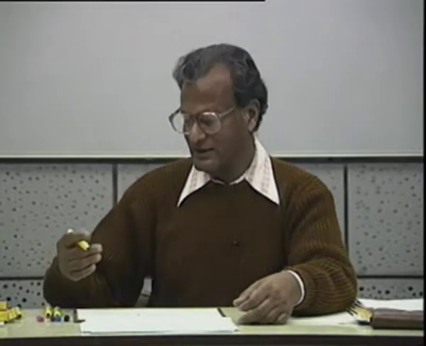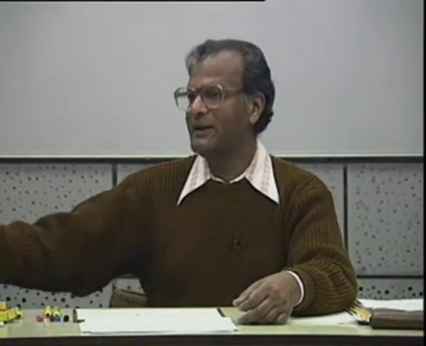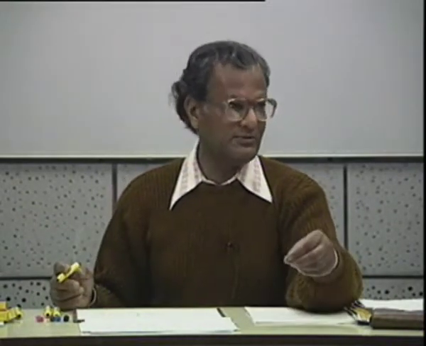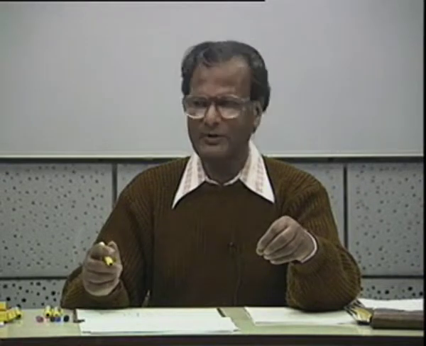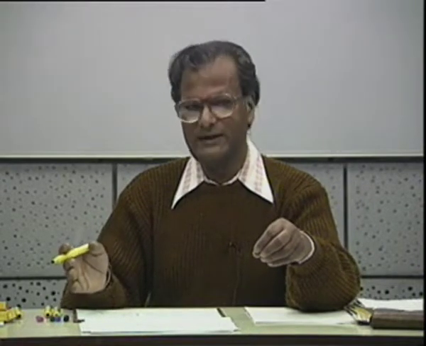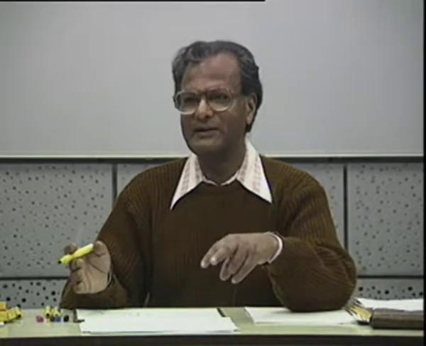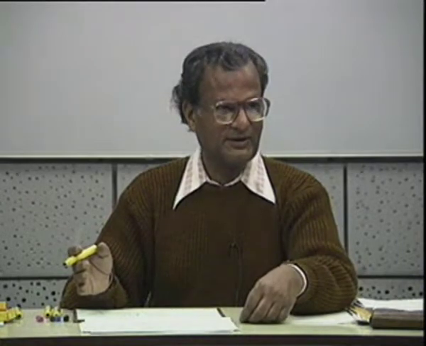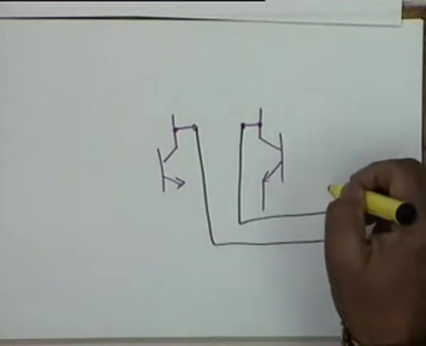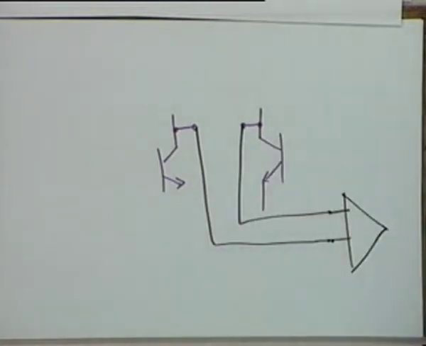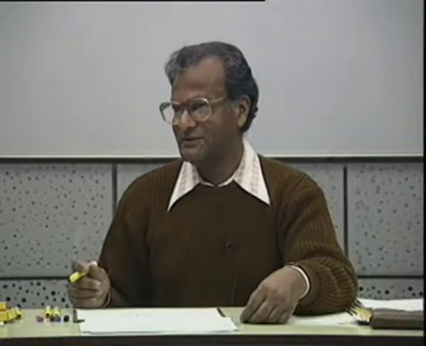And we can cascade a number of them to get any gain that we want. On the other hand, if we have a single stage common emitter amplifier and we want to increase the gain by using cascading, we require capacitive coupling. Otherwise, the DC will affect the next stage. Obviously, VCE cannot be connected directly to the base because the next transistor will then be saturated. Is the point clear?